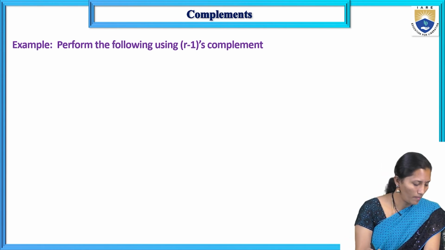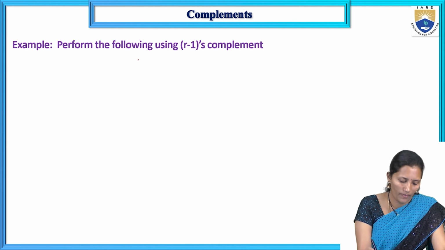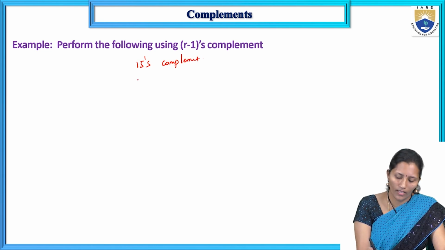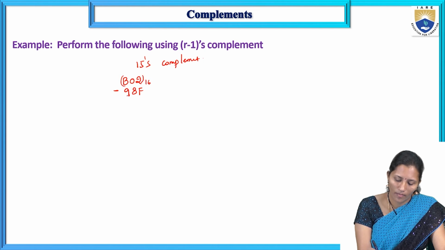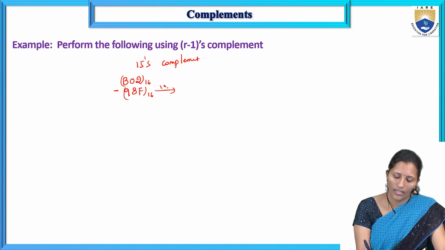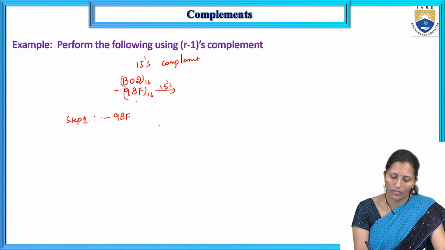For the r minus 1's complement, I am taking the 15's complement subtraction. Here I am subtracting 98F from B02. Both are hexadecimal numbers. First we have to find the 15's complement of 98F.